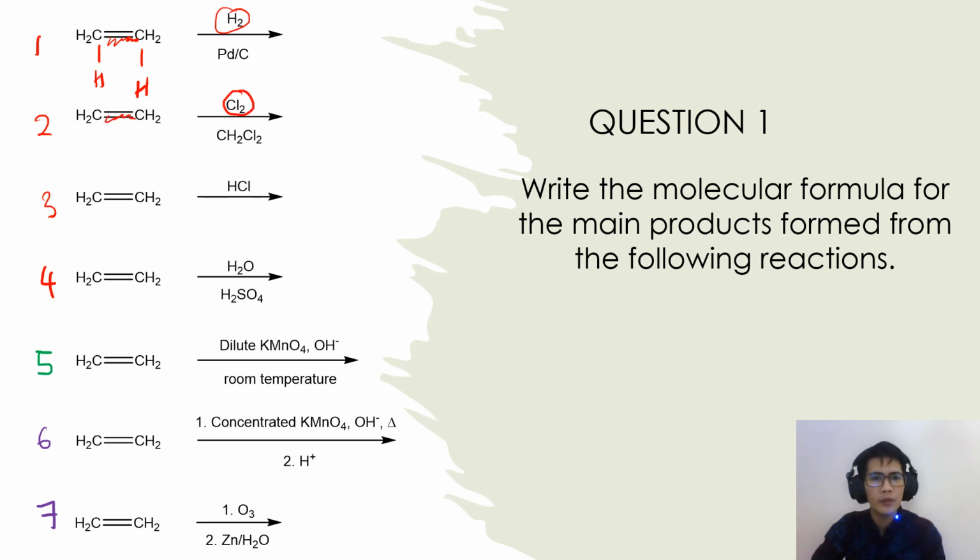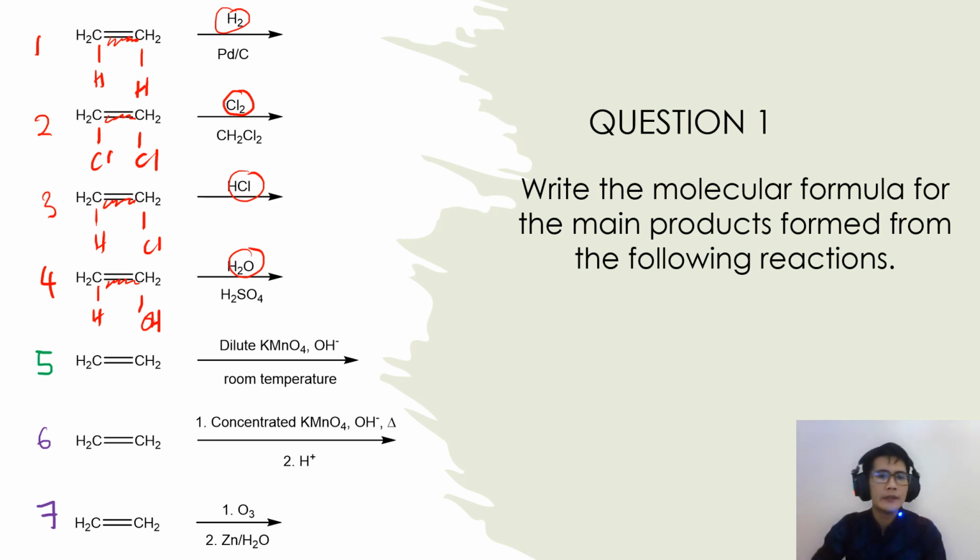You remove the double bond, and you just add Cl and Cl to both ends of the C double bond C. HCl, you just put H and Cl, and remove the double bond. H2O, you add H and OH, and remove the double bond. That's for the normal addition reaction.